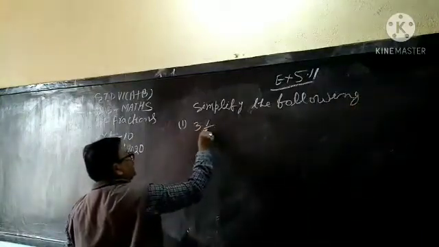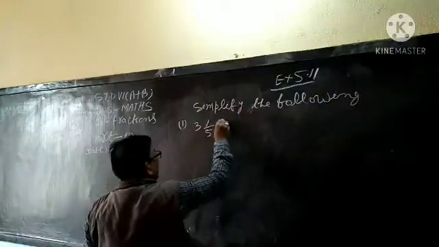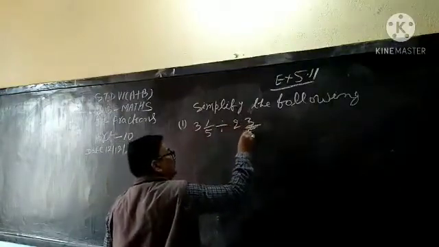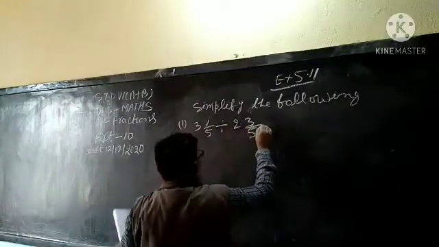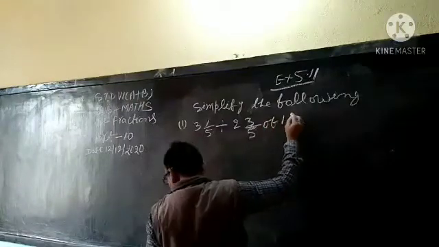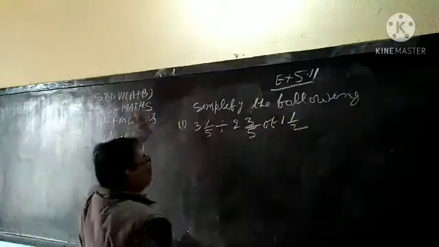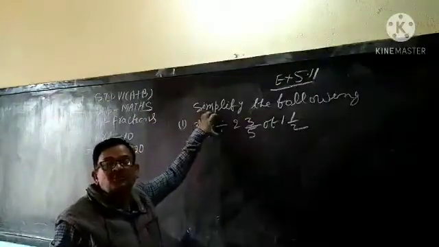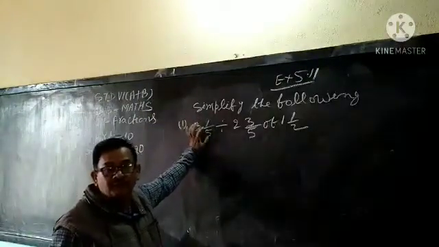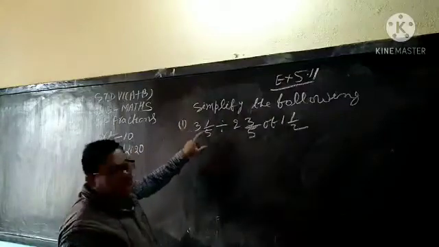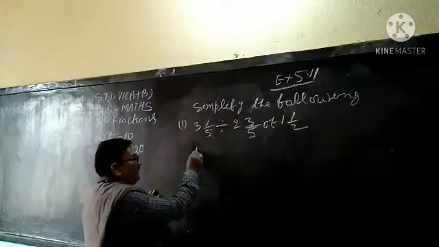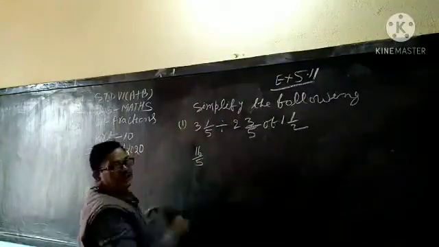3 by 5 divided by 2 3 by 5 of 1 by. My dear student, what will we do first? Mixed fractions are given, so change into improper fractions. 3 into 5, 15 plus 1, 16 by 5.